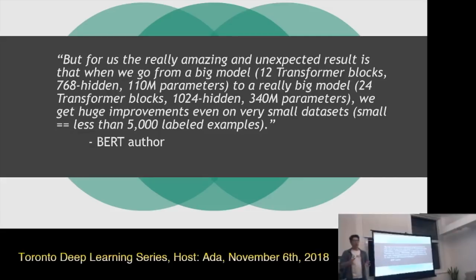So small data sets related to natural language tasks of less than 5,000 labeled examples. So the BERT authors claim that they can essentially generalize this and fine-tune it to do very well on tasks with very small data sets, which, if true, is very interesting, very, very helpful.